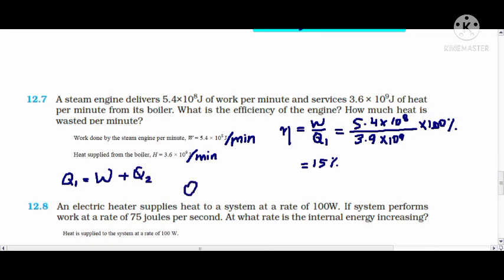Therefore, heat wasted Q2 can be calculated. Q2 is equal to Q1 minus W. So when you substitute the values, you will get the answer around 3.1 into 10 power 9 joule per minute.